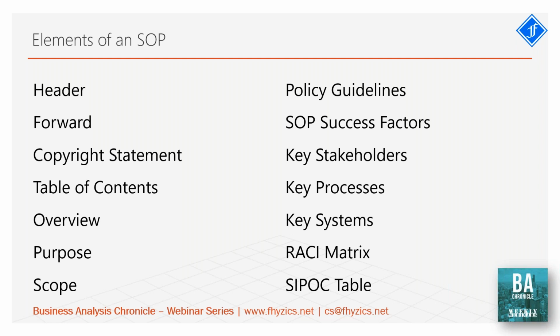Then scope. Here there are 4 processes. For each process, we will say this is the start point, this is the end point. For example, for the asset quotation process, the start point is a purchase request from one of the departments, typically engineering and construction or operations.